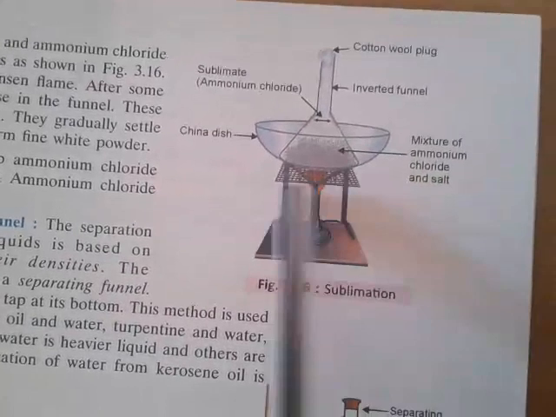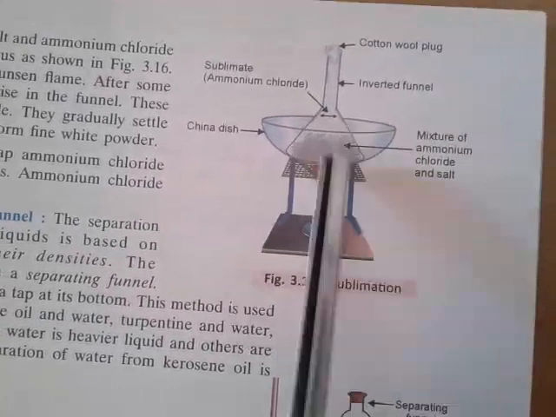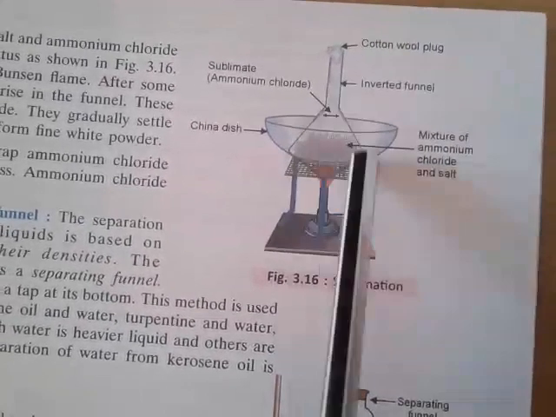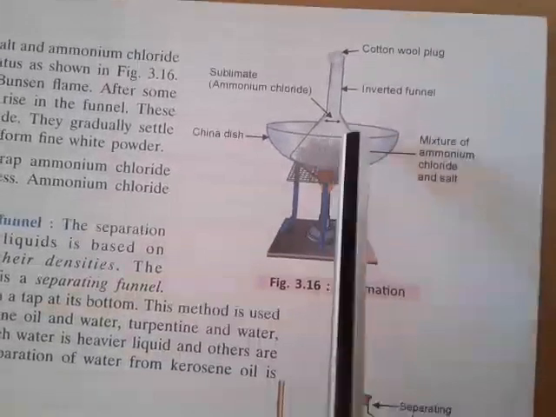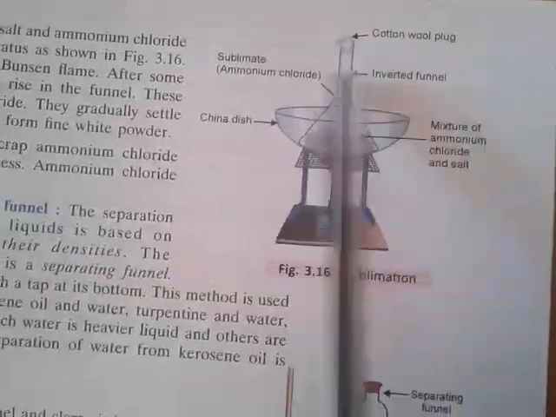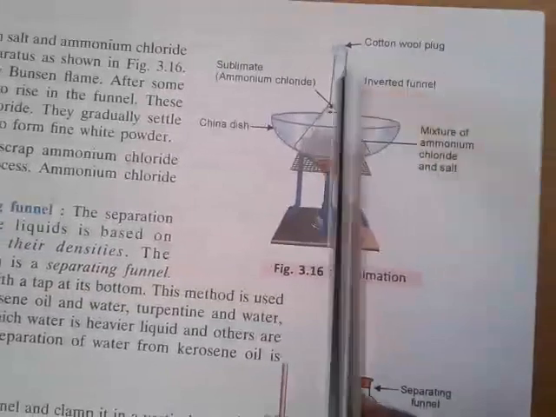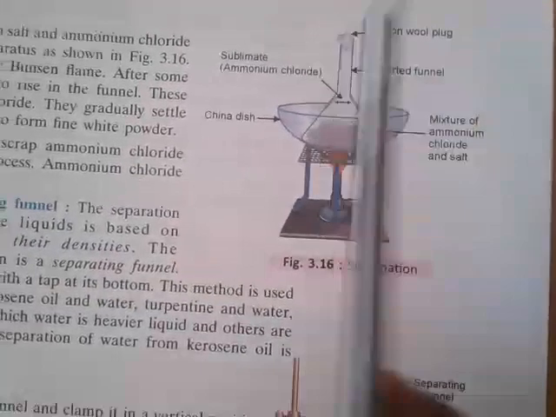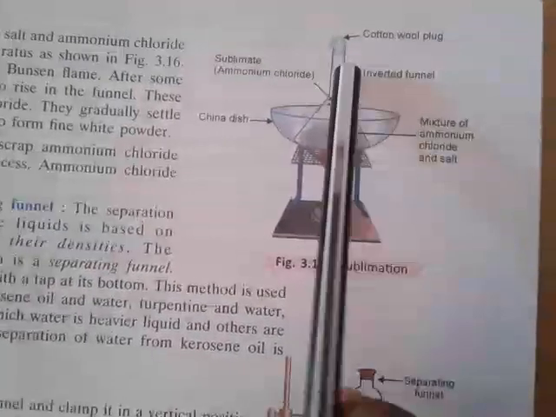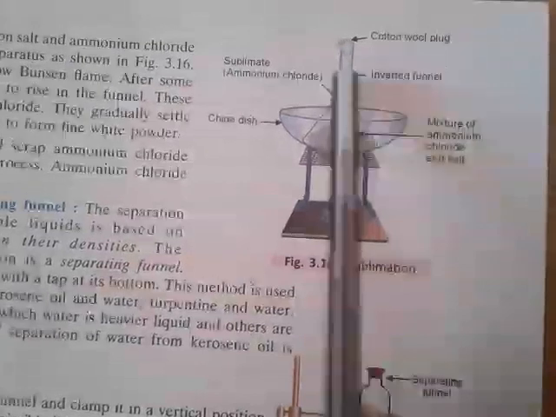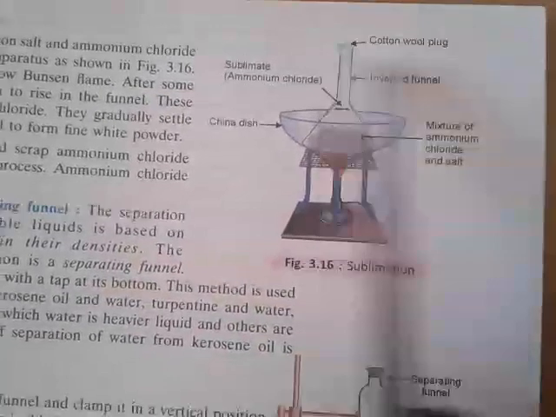Now you heat it. What will happen? All the ammonium chloride will try to evaporate and form a gas, and the gaseous vapors will be collected here. The gas will not escape beyond this inverted funnel because the wool is there.